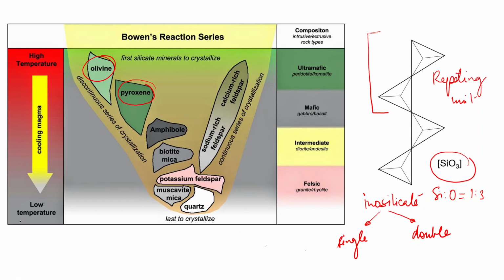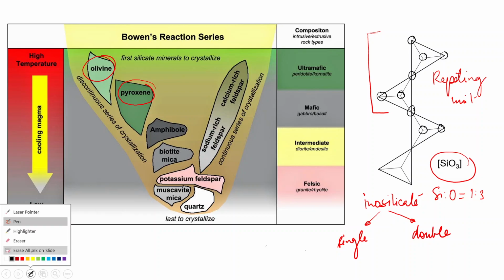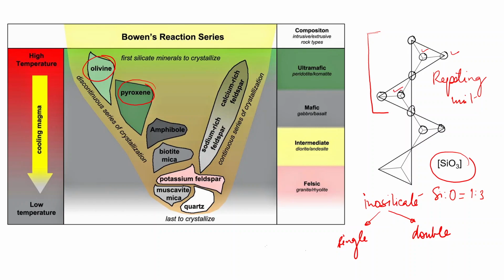So if I draw the oxygen at the corners, 1, 2, 3, 4, 5, 6, 7. If we look at the repeating unit, this is one oxygen. Let me just tick that in. This is 1, 2, 3, 4.